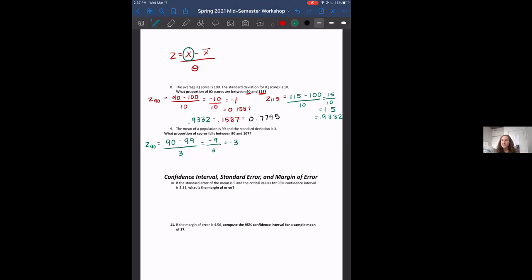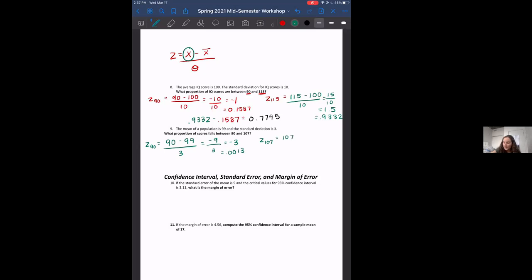Just plug -3 into the z-table and tell me what you get. Good, 0.0013. Okay, so let's do z of 107 now. What should we plug in for the first x? 107, good.